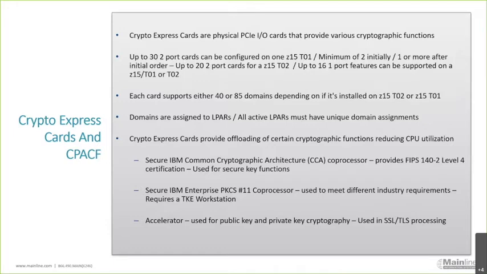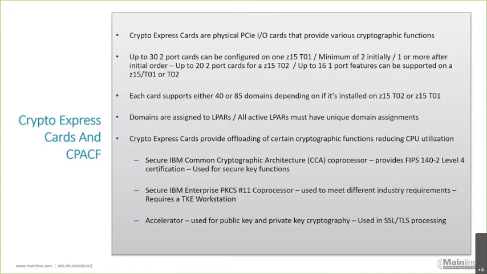The Crypto Express cards can be configured in 3 different ways. Like I said, we're going to concentrate today on when they're configured as an accelerator, which is used mostly to offload high volume SSL and TLS processing. You can also configure them in 2 other ways. You can configure them as a CCA coprocessor.